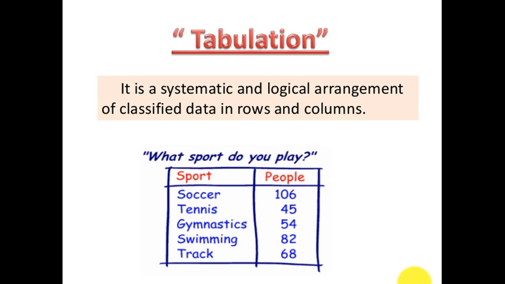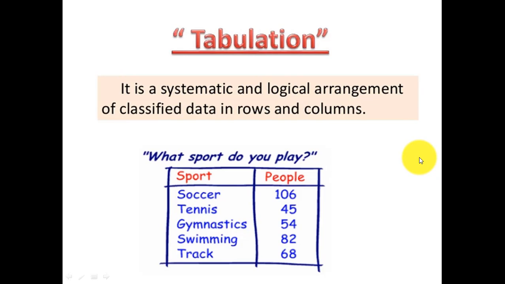Okay, now let us start with tabular presentation, and the term tabulation comes to our mind. What is it? Tabulation is a systematic and logical arrangement of classified data in rows and columns. That is, when collected data is arranged in the form of rows and columns, then it is tabulation.